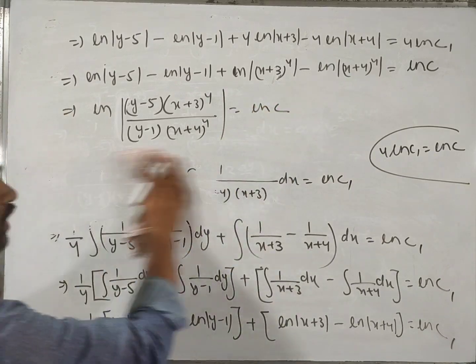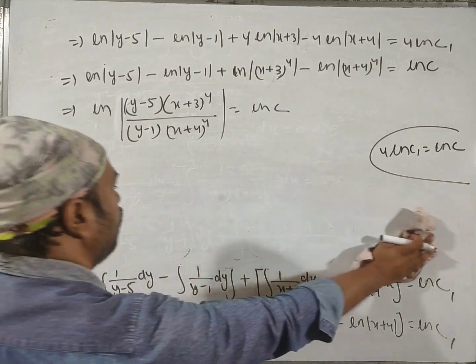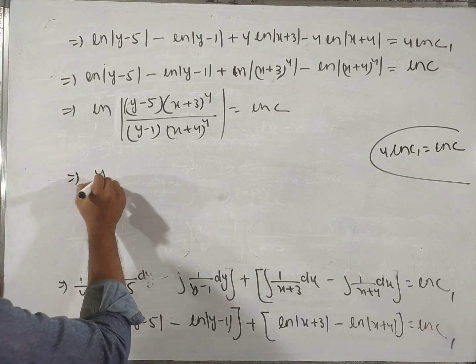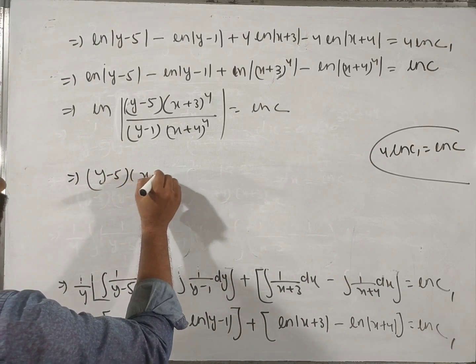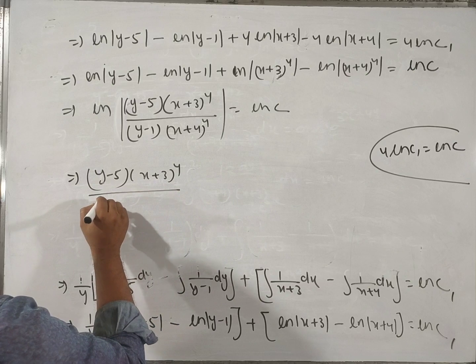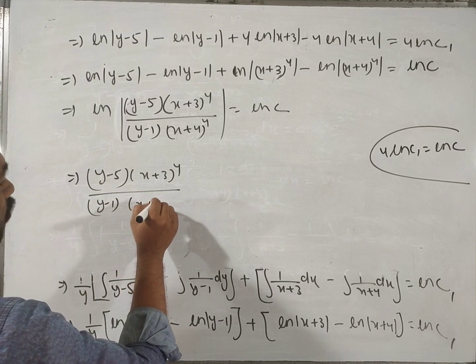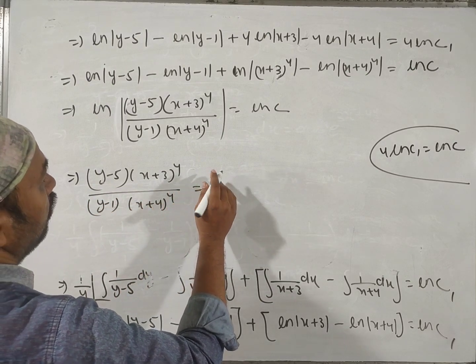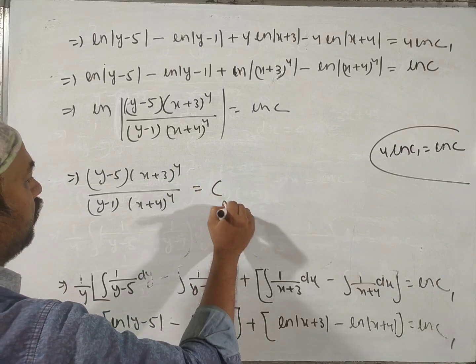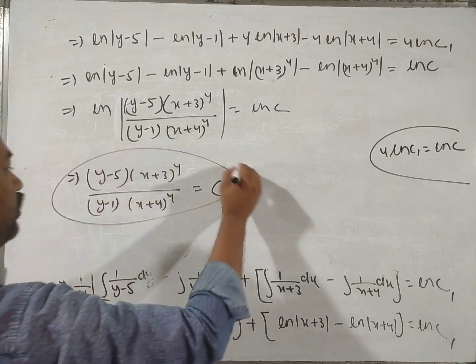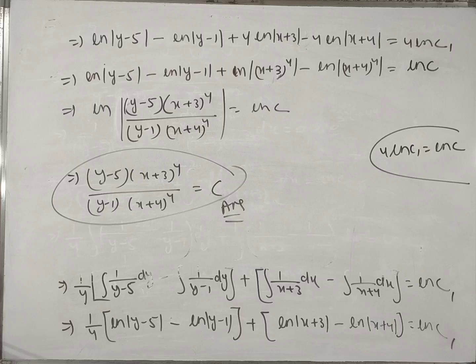And so the final answer will be y minus 5 multiplied with x plus 3 whole to the power 4, divided by y minus 1 multiplied with x plus 4 whole to the power 4, as c. And here it is the answer. Then going to the next problem.